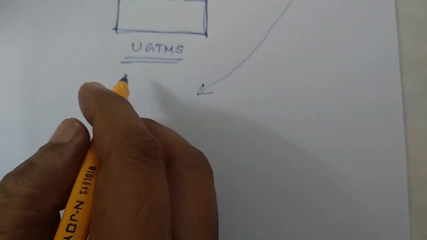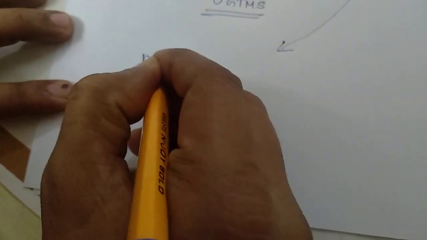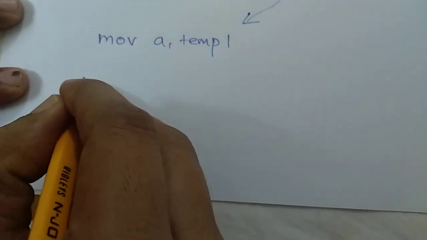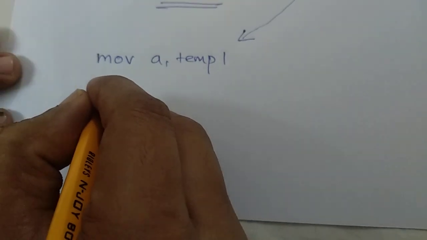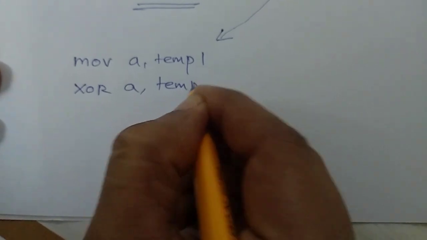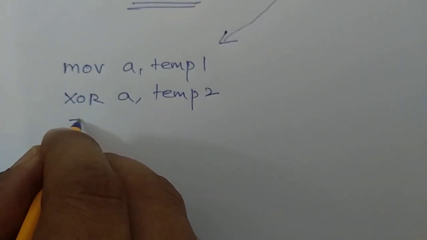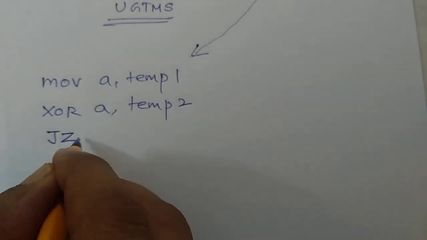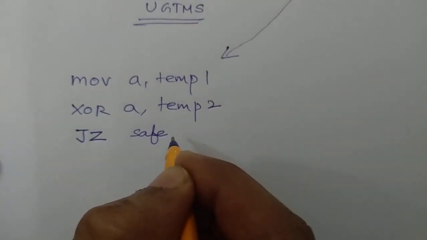In an assembly language program, comparing two temperatures cannot happen directly. One of the variables should come to the accumulator. So the assembly program might be MOV A, temp1, and then an XOR operation, which is a good operation to check similarity. So XOR A with temperature 2, and if the result is zero, that means both temperatures are equal, so jump to the safe label.